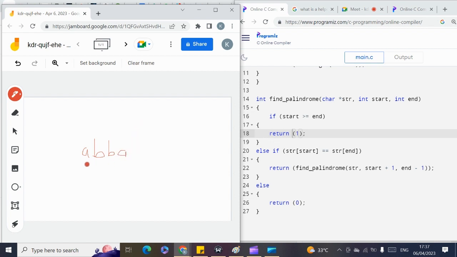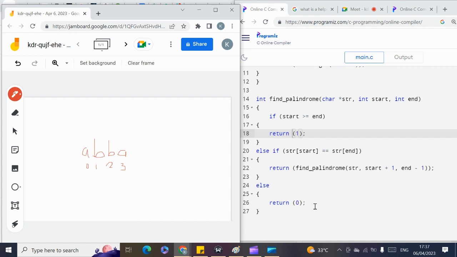So we are saying that we have the string. Let's say a variable, the pointer, is pointing to the variable holding this address, right? So we have ABBA.